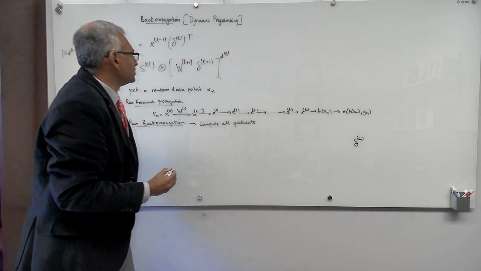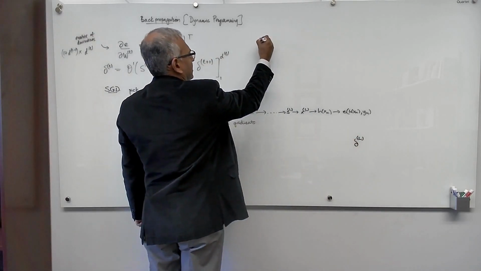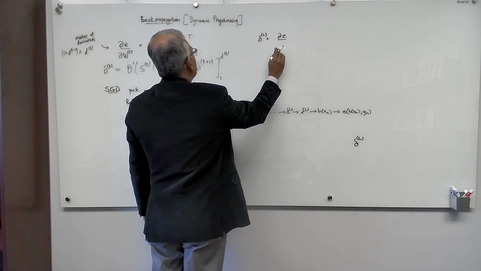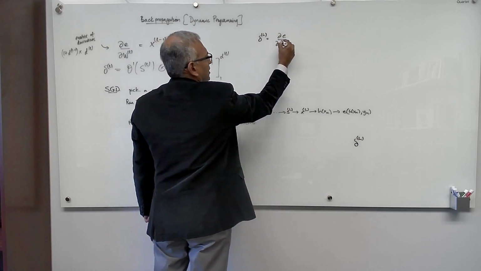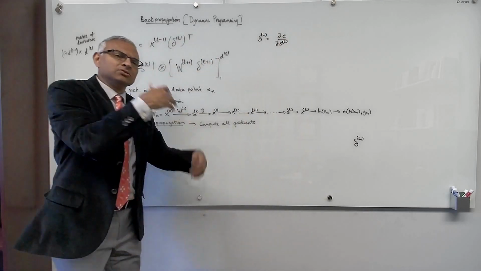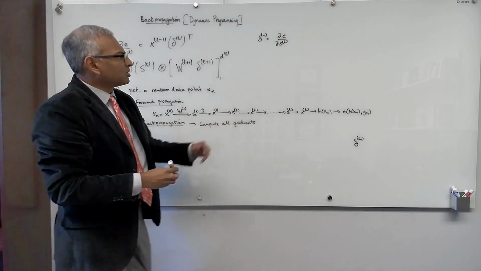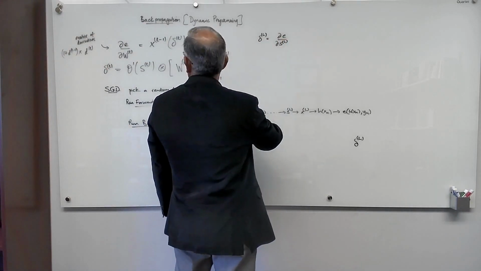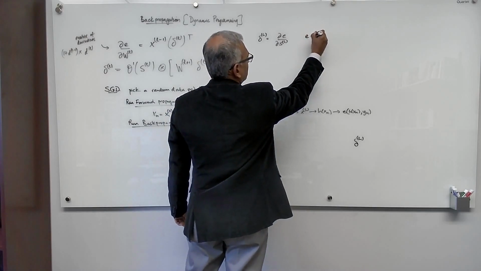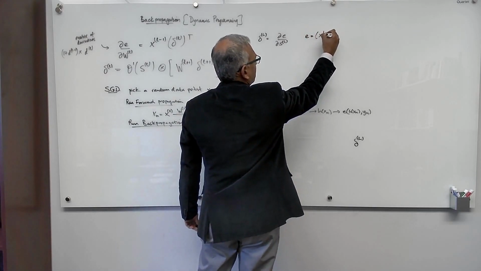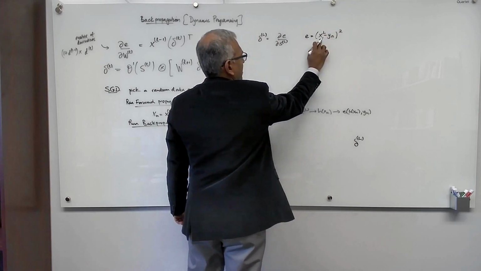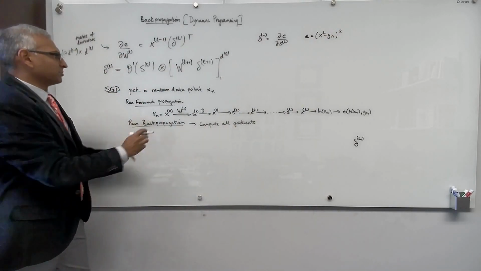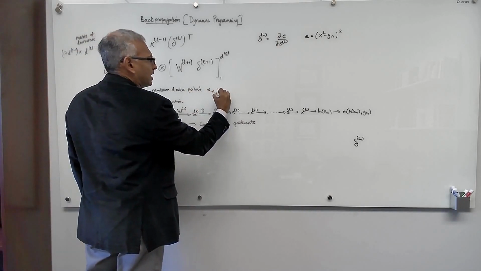Let me remind you what delta L is. Delta L is equal to the derivative of the error with respect to SL. We can do this computation with any error, but I'm going to work with the squared error. So E is equal to (XL minus YN) squared, the output minus yn, when you pick a random data point xn, yn.